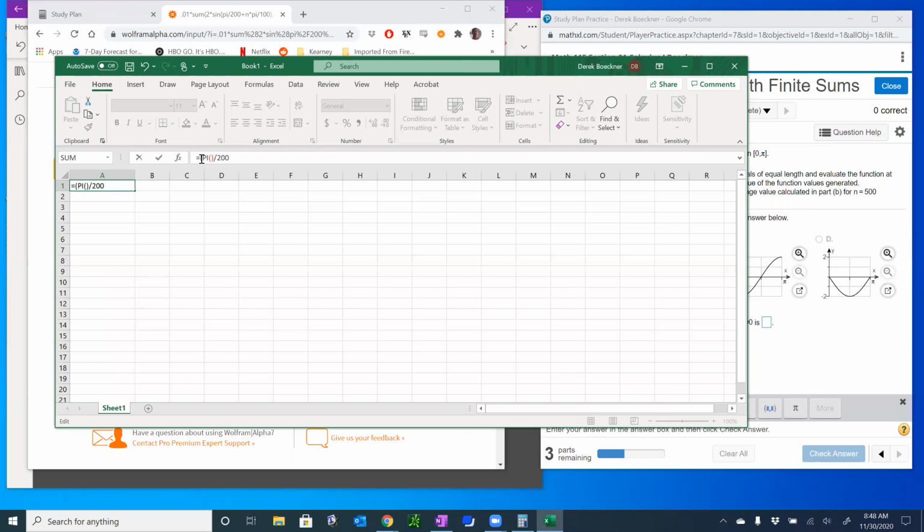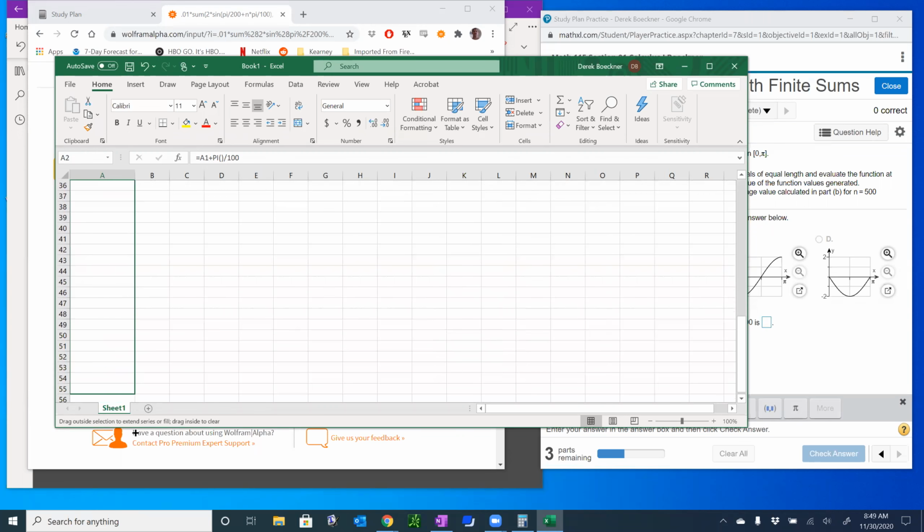Yeah, let's put it in as a function. Okay. And then here we're going to add divided by 100. We're going to carry that down to 100 spots. Yeah, so that'll be the last midpoint. That one's outside the bound, so I don't want that one.